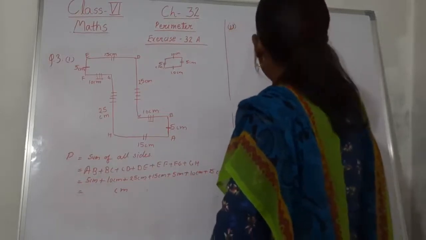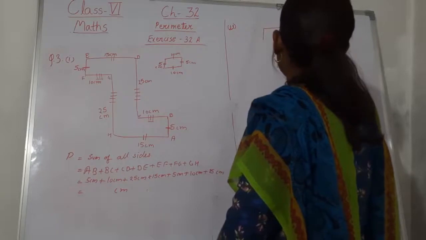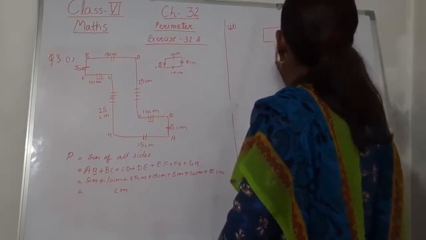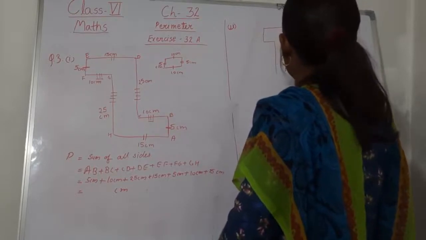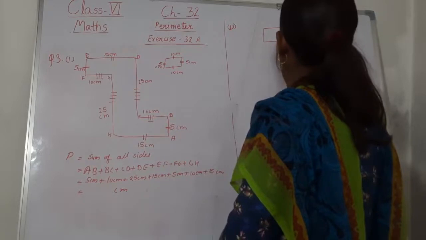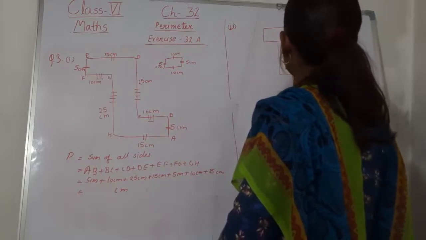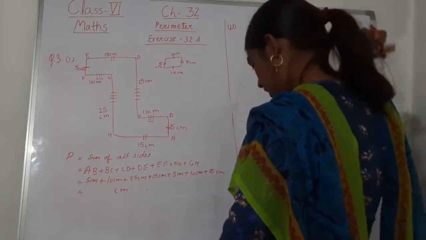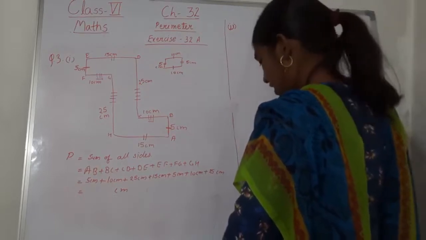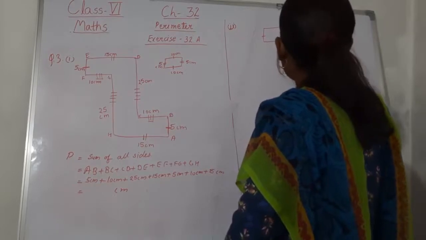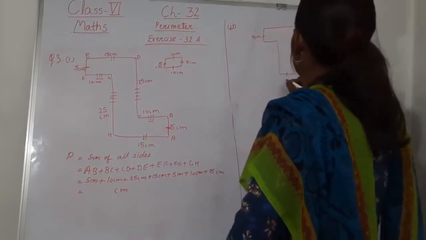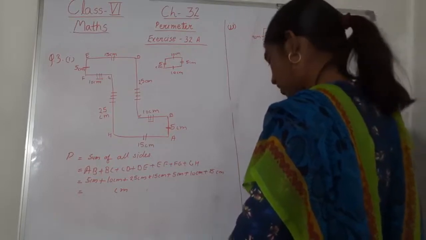Second one, the figure given in your book is somewhat like this, like a T shape. And here is one dash, here is one dash, here is one dash, and here 4 centimeter is written. That means this will also be 4 centimeter and this will also be 4 centimeter.